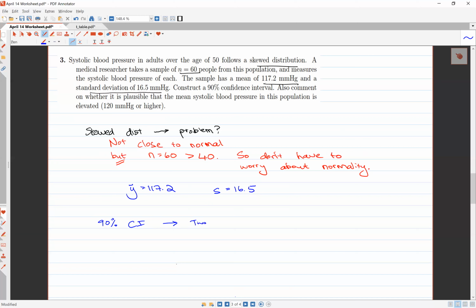So this means at 90% confidence, the area or the chance not accounted for by the two tails is 10%, or if we just look at what's in one of those tails, it'll be 0.05. And of course, our degrees of freedom will be 59. So we need to find 59 degrees of freedom and this two-tailed equal to 0.1.